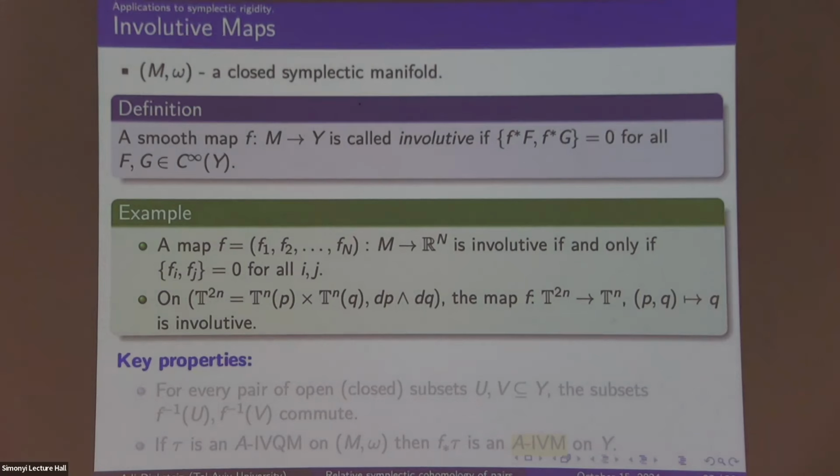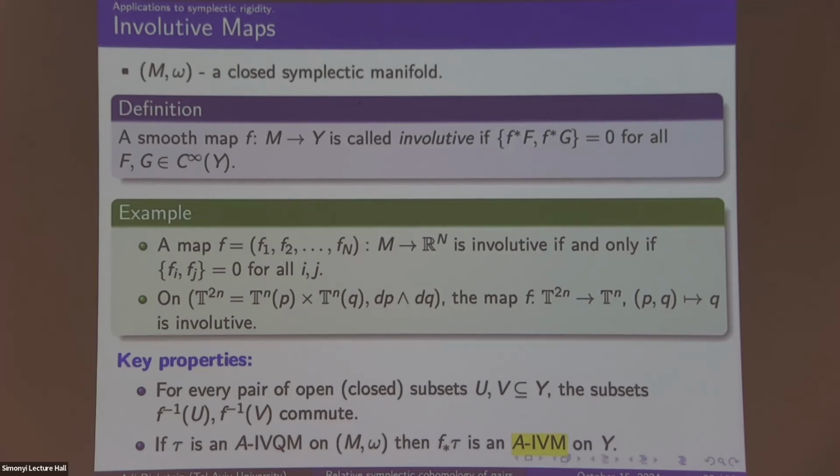And how does it help us? The key properties are the following. First, if you have any two open sets, then their pre-images give you commuting sets. The immediate consequence of that is that if we have an IVQM on M, then its push forward is an IVM.